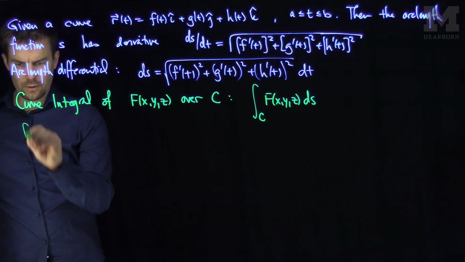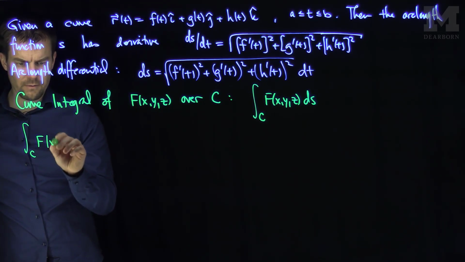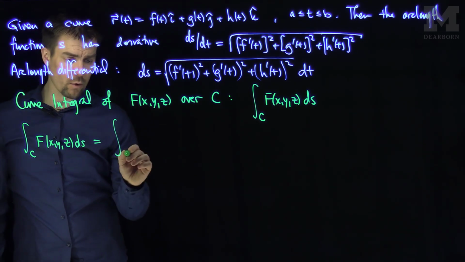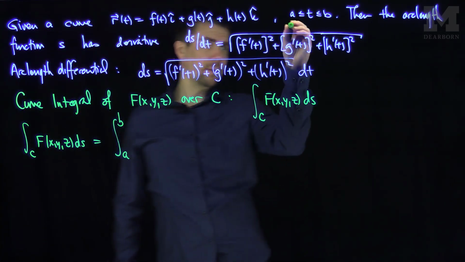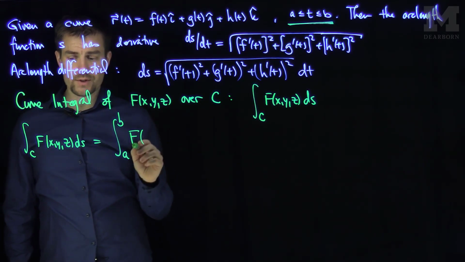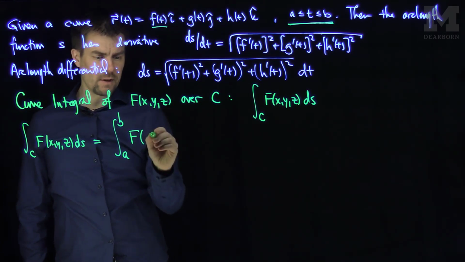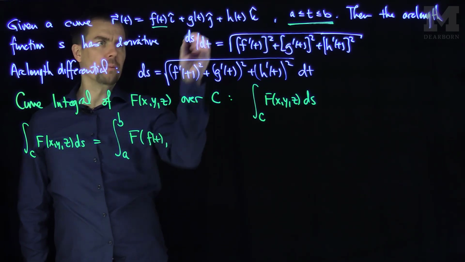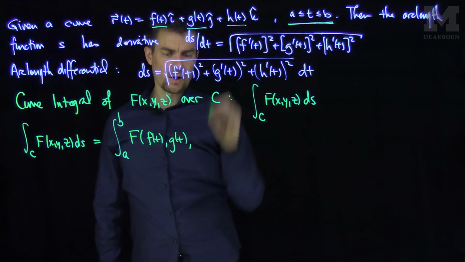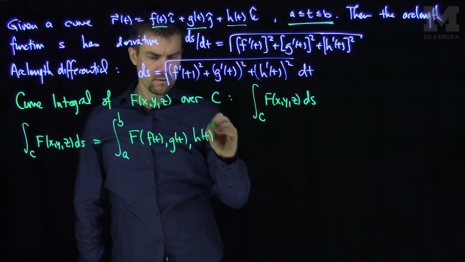By definition, the integral over c of f of x, y, z ds will be the integral over the parameter space a to b. I input the curve into my function, so everywhere I see an x, I replace it with f of t, little f of t. I replace the y with g of t, and I replace the z with h of t.